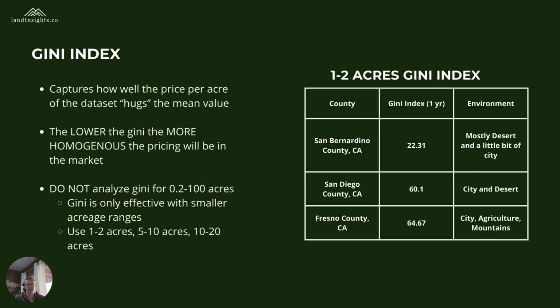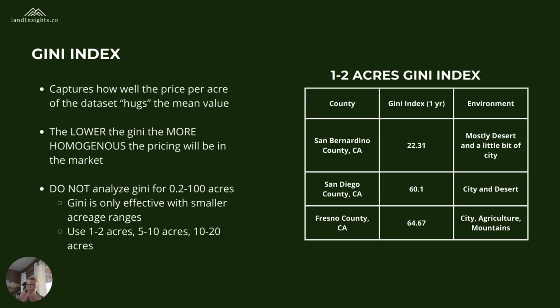So it's not a statistical representation at all of Gini, because as acreage goes up, obviously price is going to go up. But when we're looking at 1 to 2 acres, everything's going to be priced about the same in that acreage range. 5 to 10, a little worse, but about the same. 10 to 20, about the same. Do not ever use Gini on 0.2 to 100 acres. It is worthless data. If you're confused about that, look up Gini Index. Try to understand the statistical meaning to it, but it is useless. Do not use it on 0.2 to 100 acres.